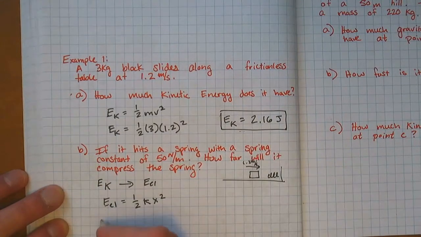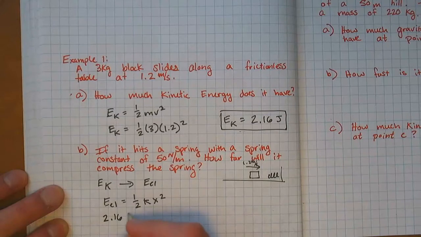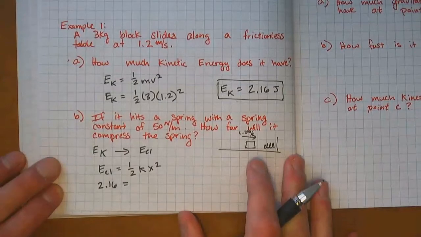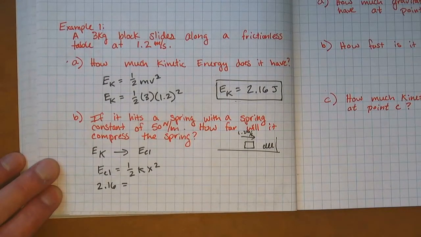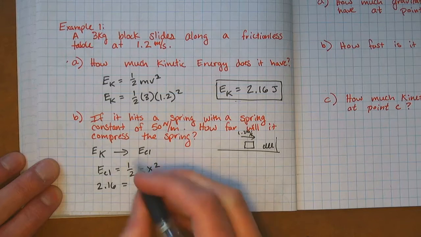That means that now we have 2.16 joules of elastic energy because all of that kinetic energy has now been turned into elastic energy, kind of the reverse of the kinetic energy lab. In the kinetic energy lab, we had elastic energy turning into kinetic energy. This time we have kinetic energy turning into elastic energy.